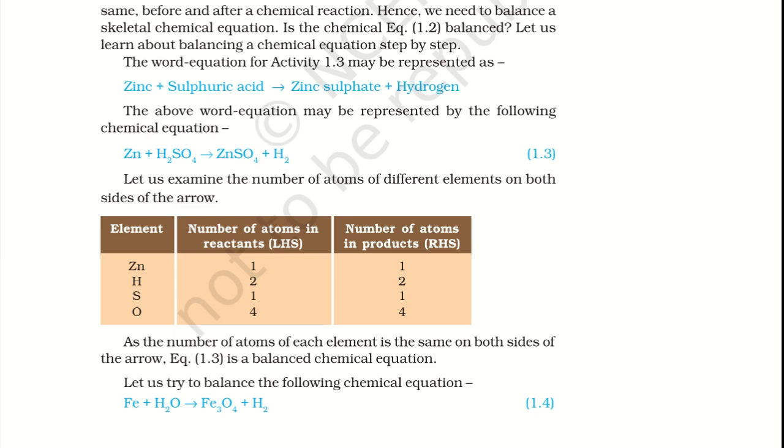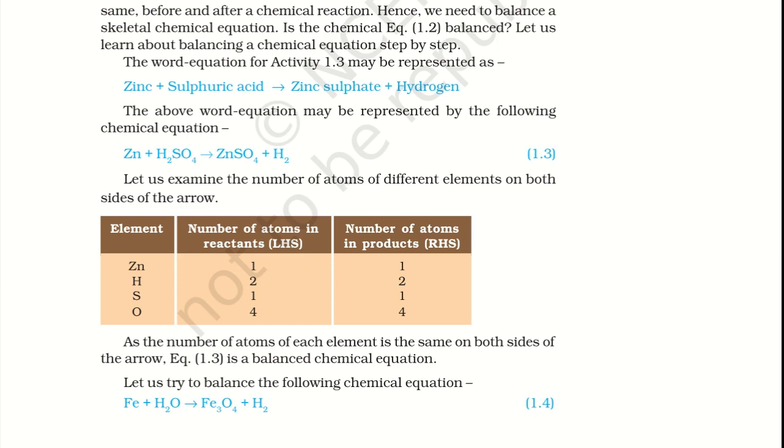Now let's count the number of atoms on both sides, on the left hand side in the reactants and on the right hand side. Here they have made a table with the elements zinc, hydrogen, sulfur and oxygen.